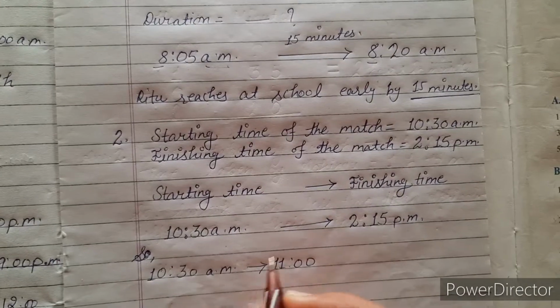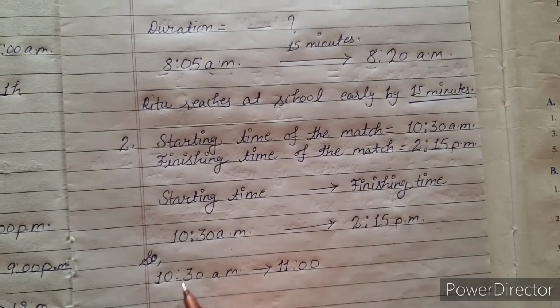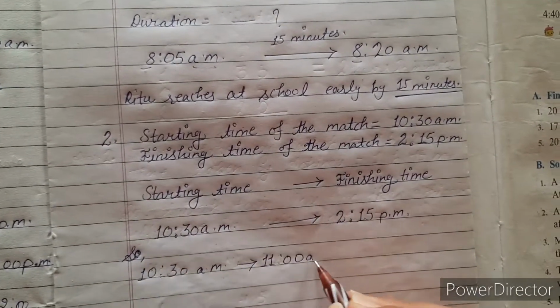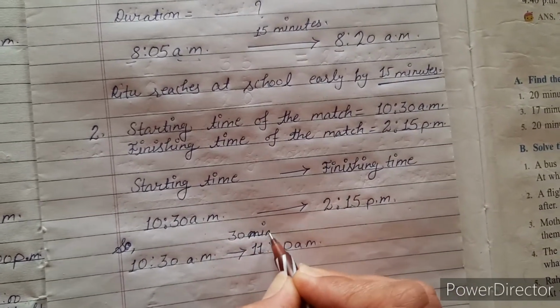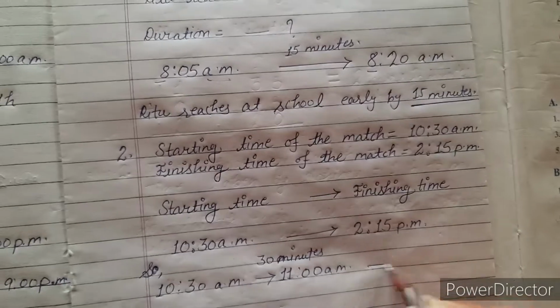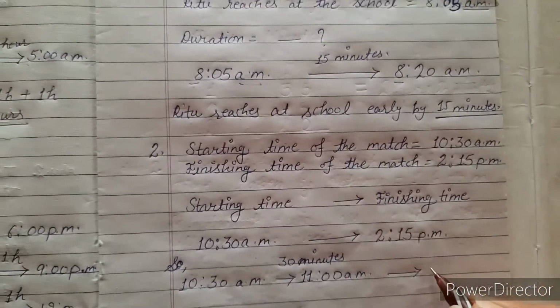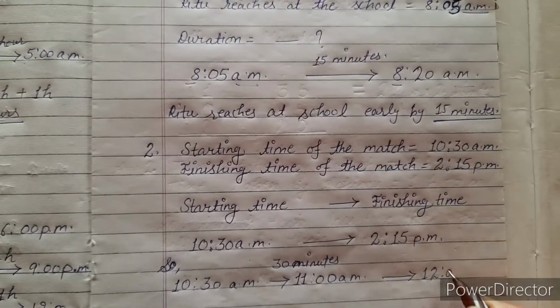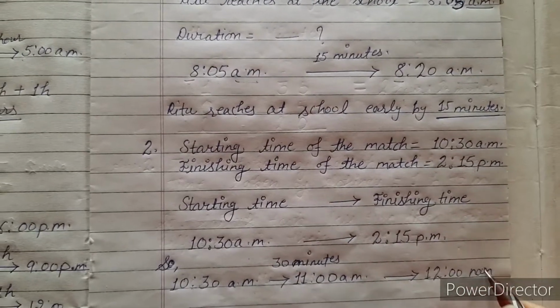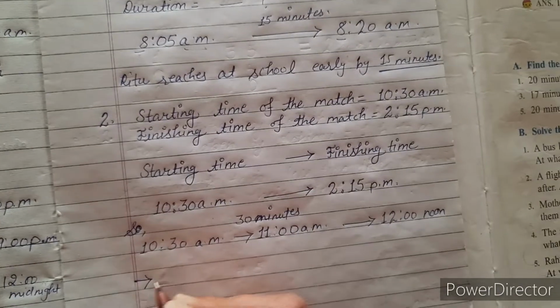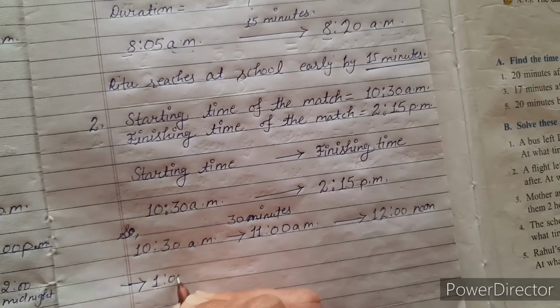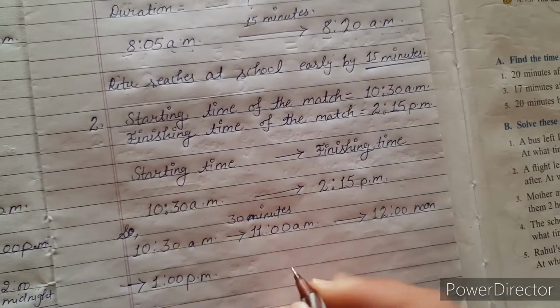So what is the duration between 10:30 a.m. to 11 a.m.? It is a duration of 30 minutes. After 11, we have 12 o'clock, but it is noon, so we have to write down noon only. After 12 we have 1 o'clock, but it should be PM.